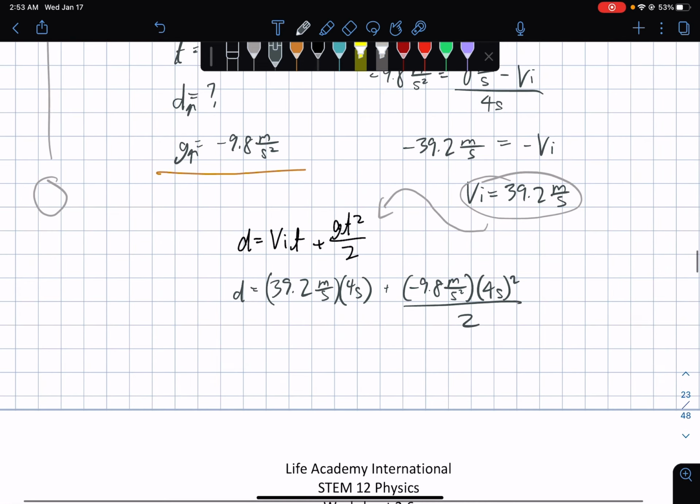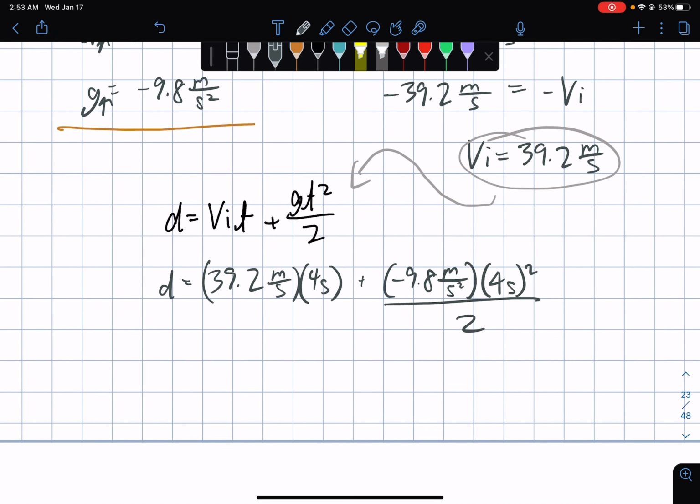Divide by 2. So 156.8. We have negative 78.4.